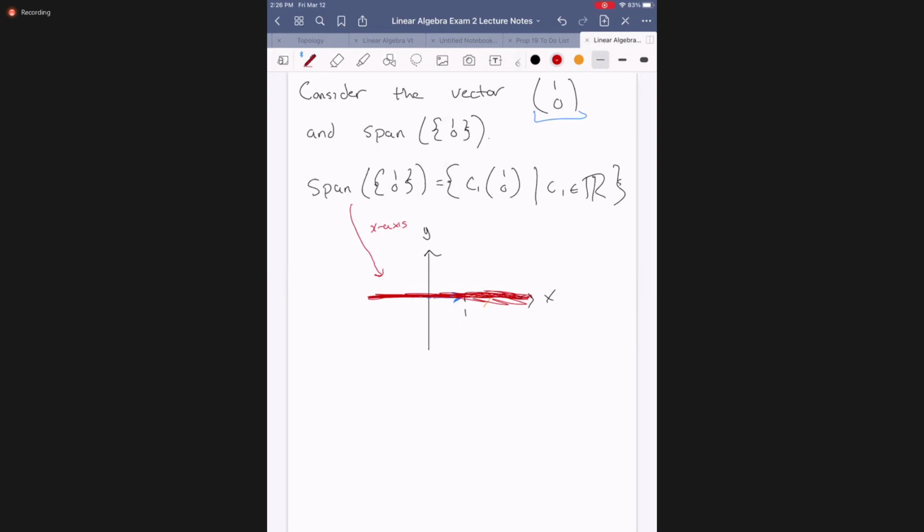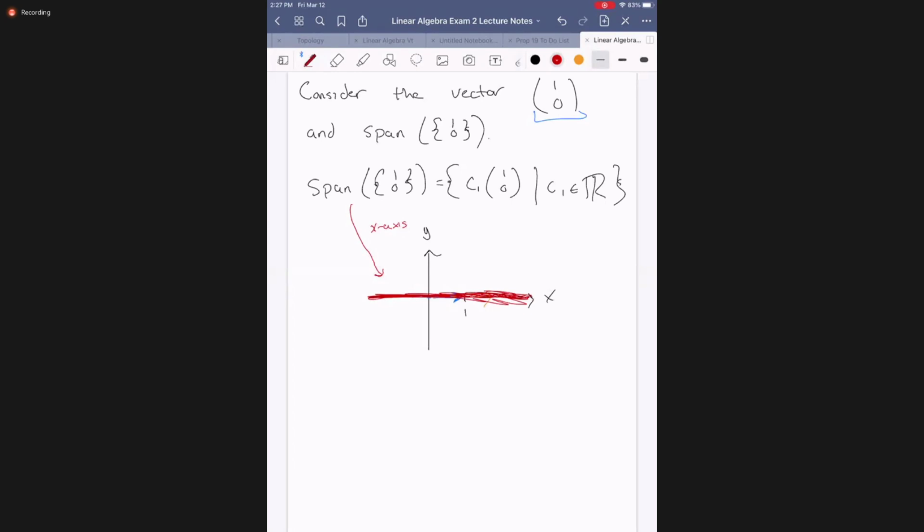So you can think of it as the line y equals 0, but really it's just the x-axis, the set of all, basically this entire line. This is what the span is.